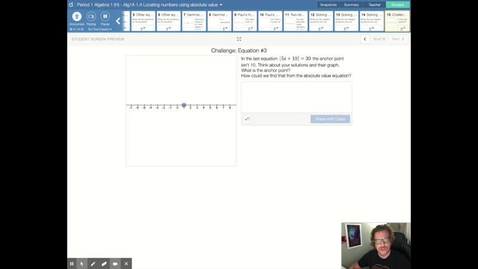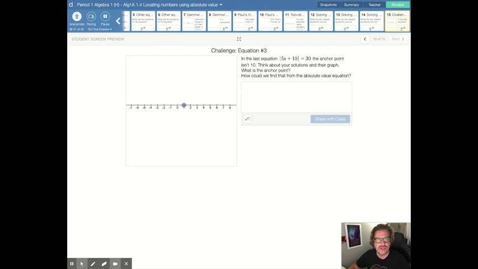It is a challenge equation. I recommend giving it a shot. You will not be graded on this, but if you get it right, I will put 2 extra points towards an upcoming quiz. In the last equation, the absolute value of 5x plus 10 equals 30. The anchor point isn't 10.